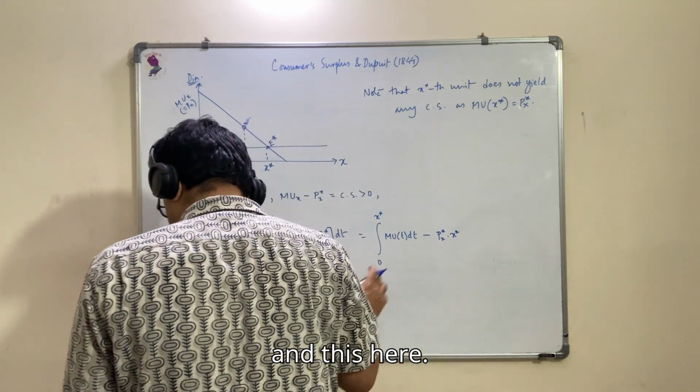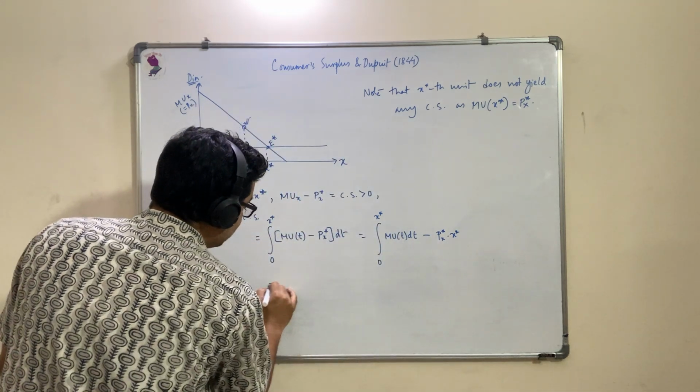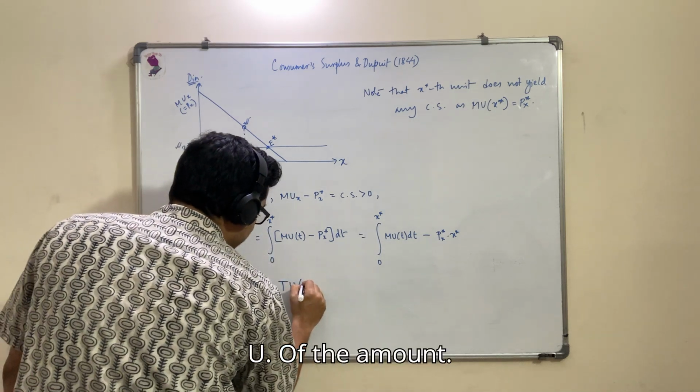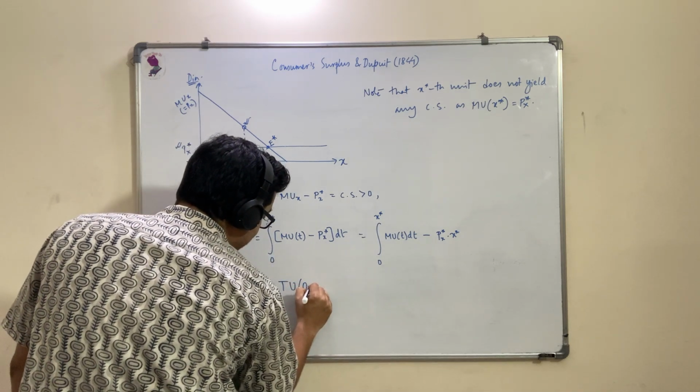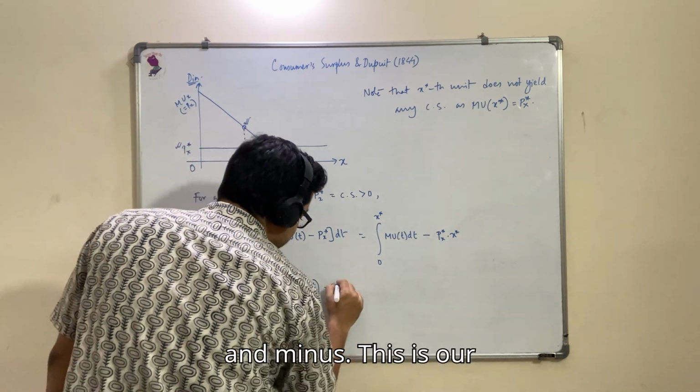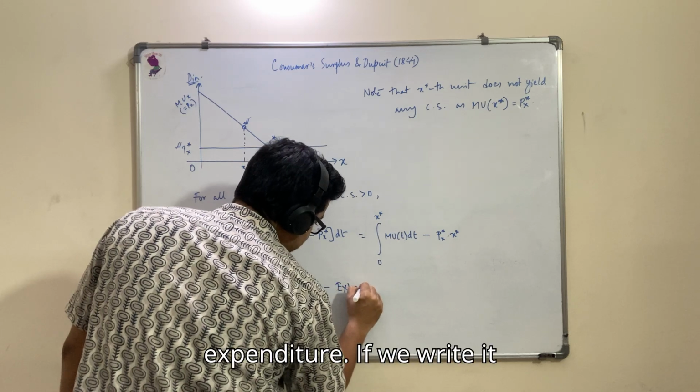And this here is essentially the total utility of the amount O x star or origin x star, and minus this is our expenditure.